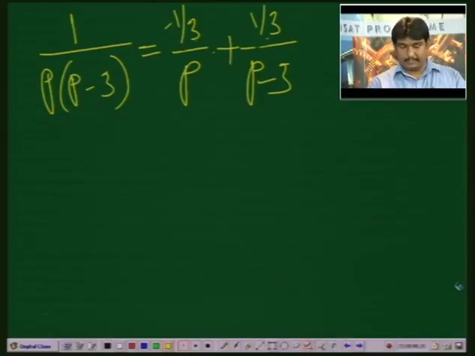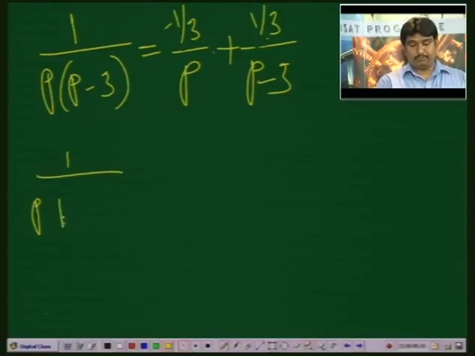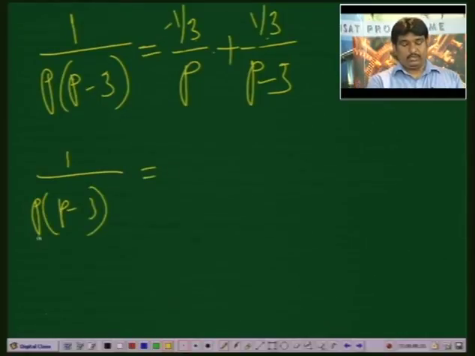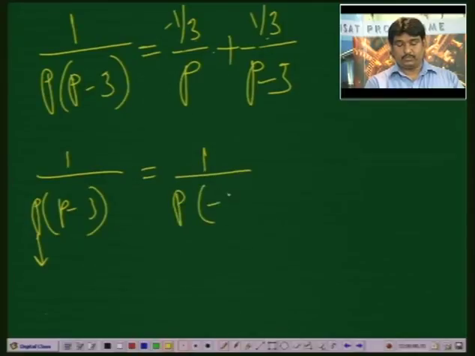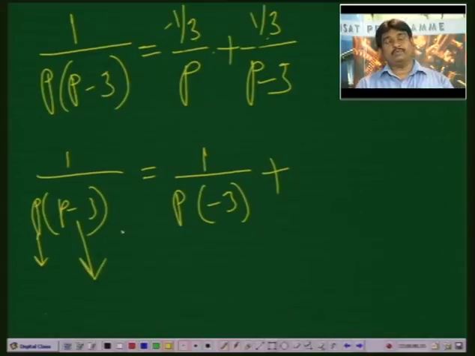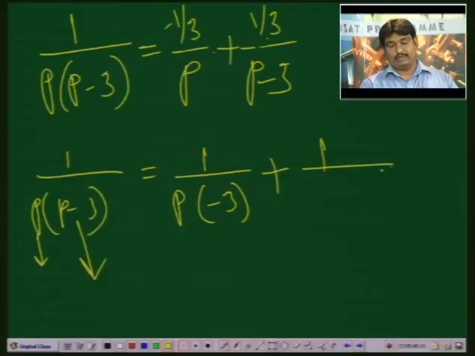Okay. What is the other technique? Other shortcut method is 1 by p into p minus 3, straightforward. Equate this to 0, p equals to 0, substitute p equals to 0 everywhere except in this factor, so you will get minus 3 here. Plus, equate the second factor p minus 3 to 0, which gives p equals to 3, substitute p equals to 3 everywhere but not from the factor from which it is obtained.